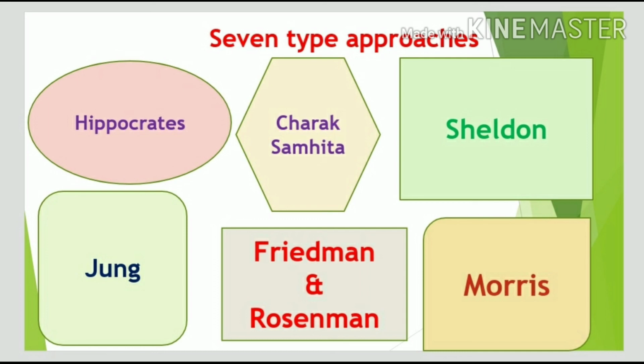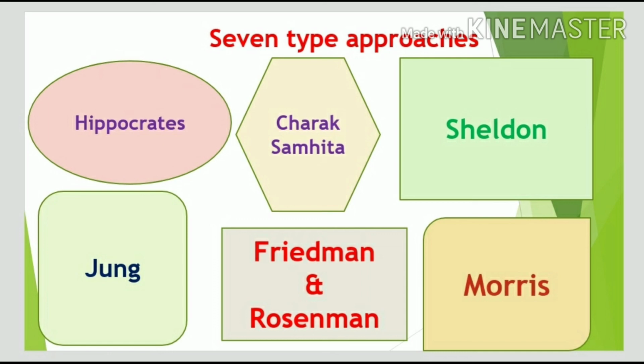Second type approach was given by Charak Samhita, in which human personality is classified into 2 types on the basis of 3 gunas and 3 doshas. Third type approach was given by Sheldon, in which he classified human personality into 3 types on the basis of body type and temperament. And the 3 types given by Sheldon are the ectomorphs, the endomorphs, and the mesomorphs.